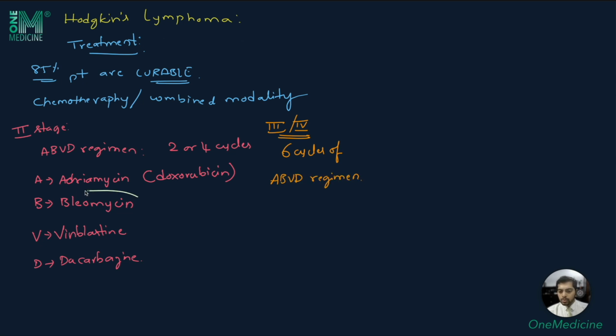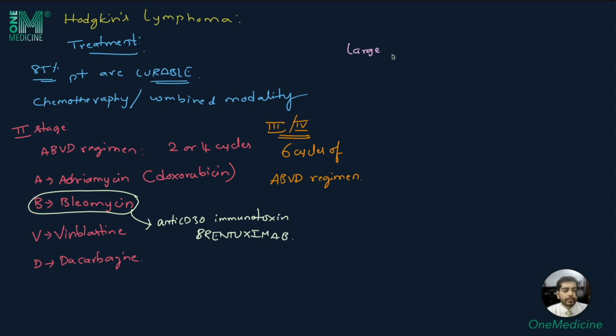Other options include replacing bleomycin with an anti-CD30 immunotoxin called brentuximab. A large mediastinal mass is considered as more than 1/3 the size of the chest diameter.